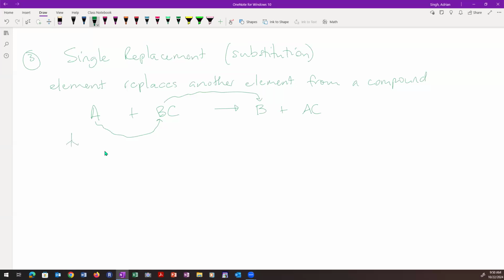Typically, what we're going to see in these examples is a metal replacing another metal from a compound. So for example, let's just say sodium reacting with, let's do iron chloride, so FeCl2.